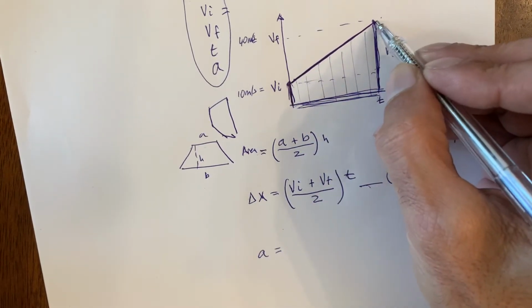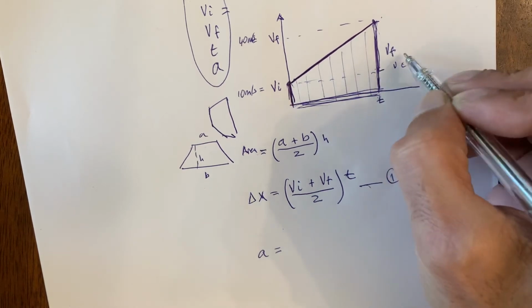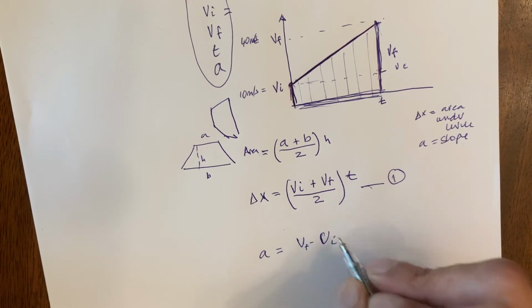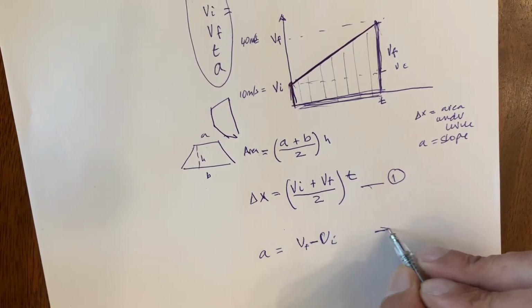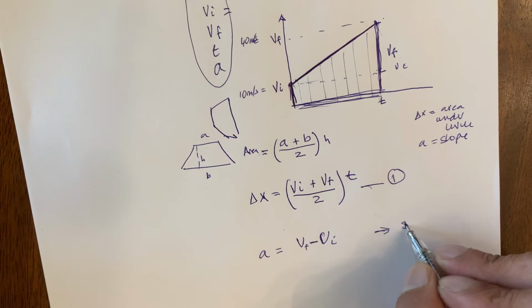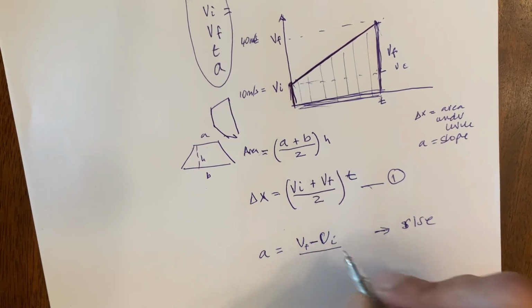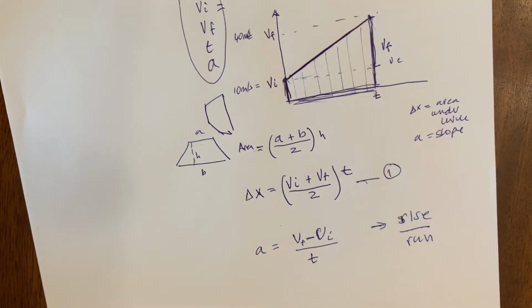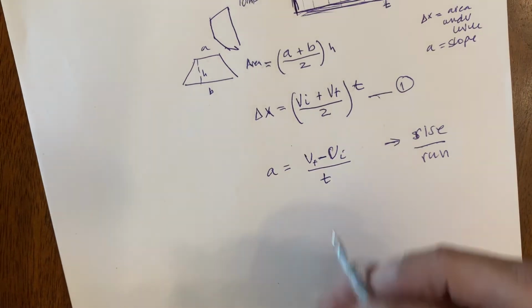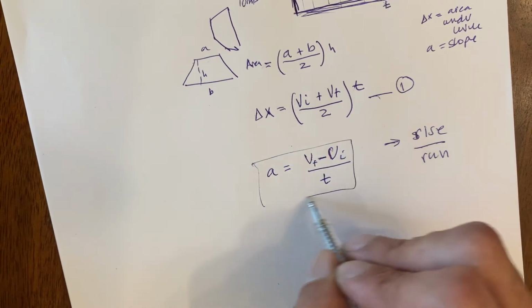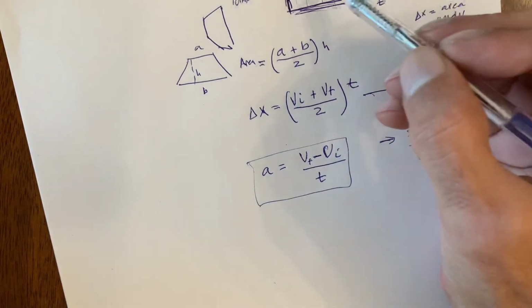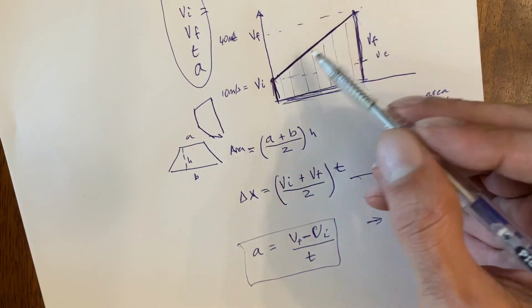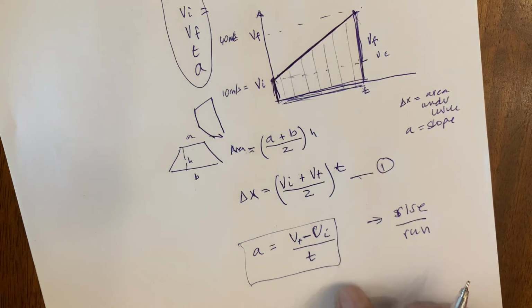The rise is Vf minus Vi, over the time, which is your run. And so right there is your slope. That's how you'd find the slope to find the acceleration during this time. How fast is it accelerating when it's going from Vi to Vf?